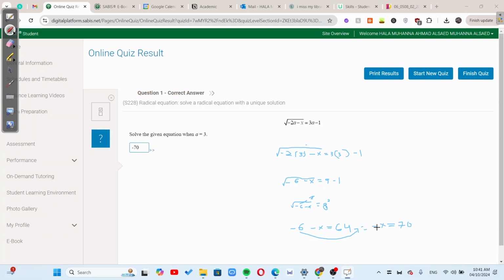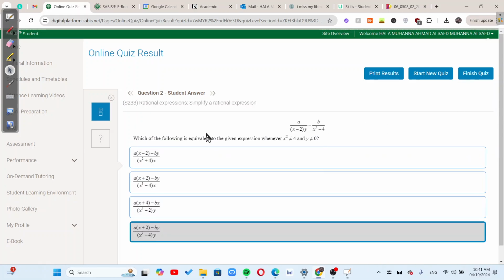By making this x positive, you have to divide by negative on both sides, which means you're going to get x equals, sorry, negative 70. And that's your answer. And see, it's right. So that's how you solve the first question. Let's go on to the second.